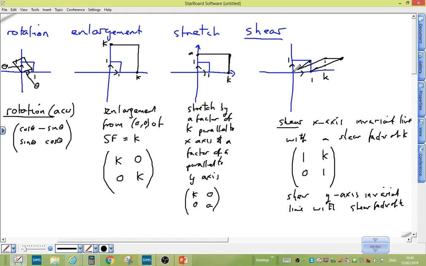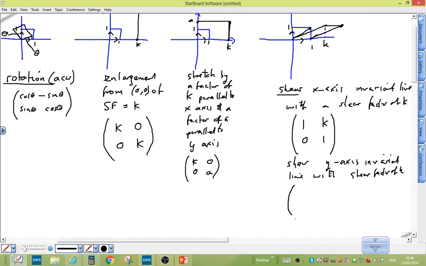Well, you can see if the y-axis is it, then the y-axis is going to stay the same, 0, 1. But this point here is 1 away. It's going to be k up here. Okay, don't want to draw it up there because it looks messy. So you can see it is going to be 1 across, but k up on the y-axis. Right, happy with that?